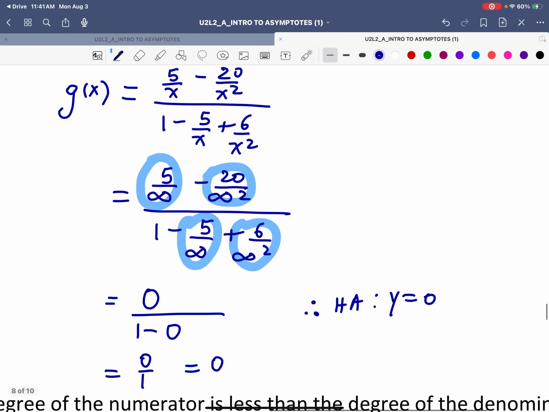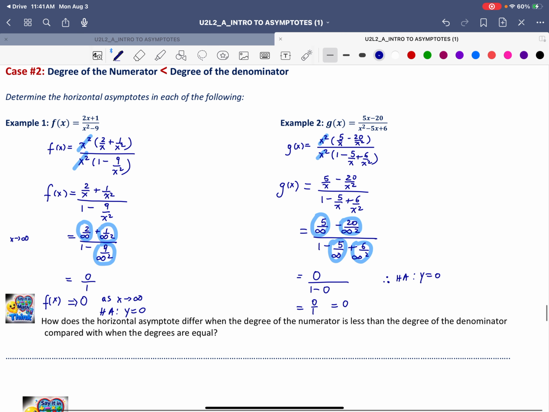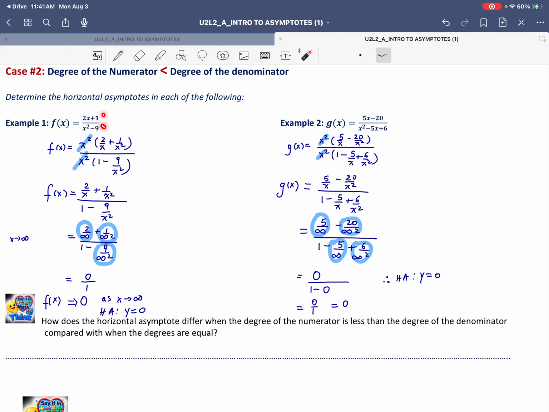Now let's take a look at both examples. In both examples, where we had linear over quadratic, notice that the horizontal asymptote ended up being the same. So we can think, would that be the case all the time, and why is that?